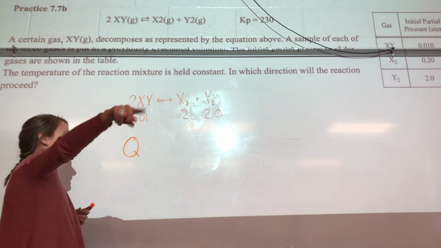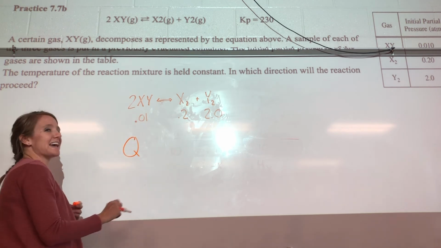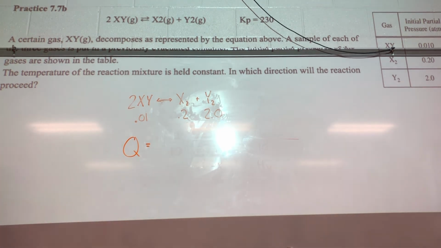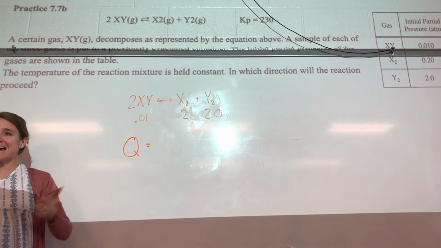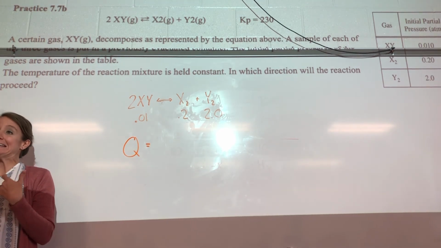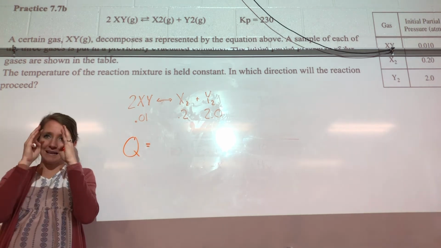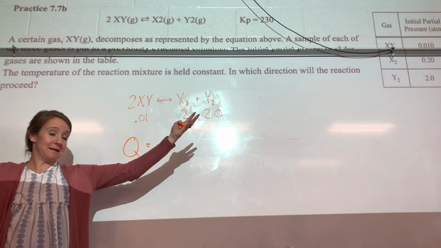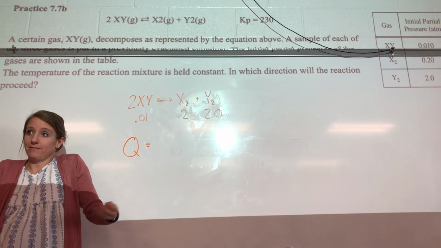What's the setup for Q? Like the QC, QP in this case. It's the products over the reactants, right? So Q is the exact same setup as K. The difference is K can only be claimed if you're at equilibrium. Q can be any time at all.